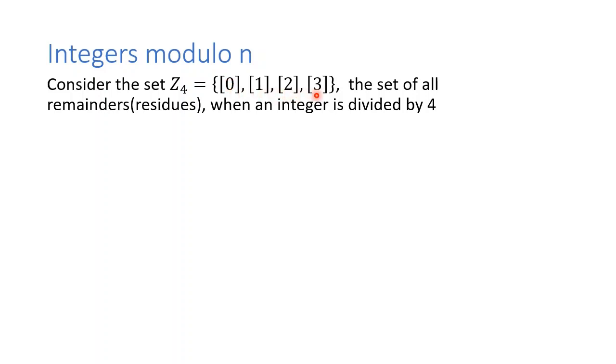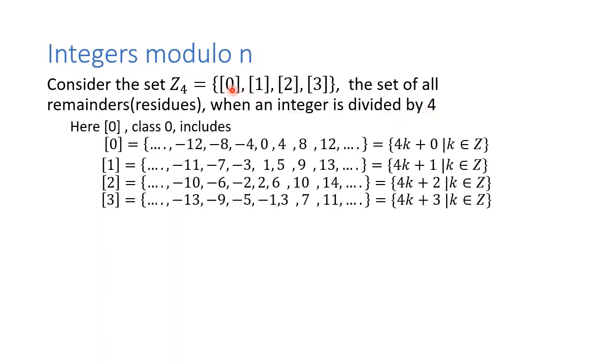So you can find that you get the remainder 0 when you are dividing a multiple of 4 by 4. So we read these as class 0, class 1, class 2 and class 3. What does this class 0 represent?